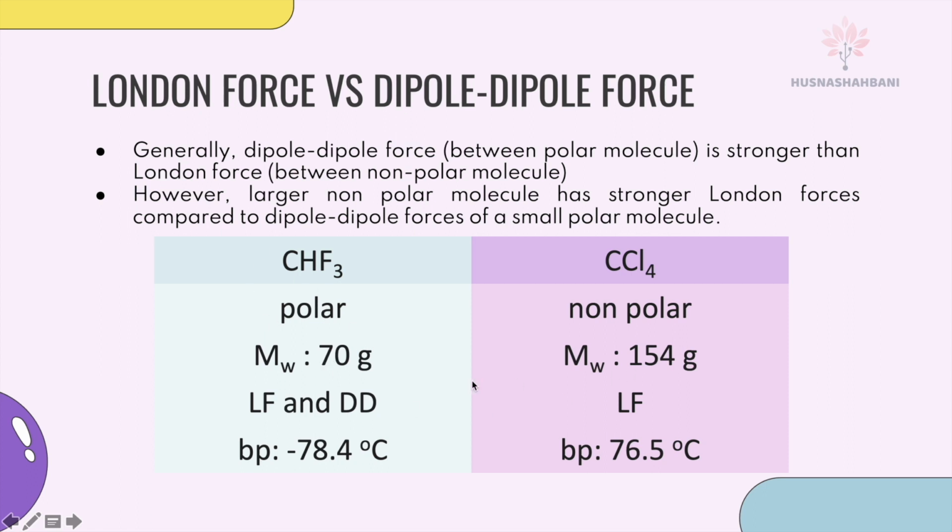This is because if you look at the weight or the size, CCl4 is bigger than CHF3. Even though CHF3 has two types of forces, CCl4 only has one type, which is London force. The London force is stronger than London force and dipole-dipole in CHF3 because the non-polar molecule is bigger.